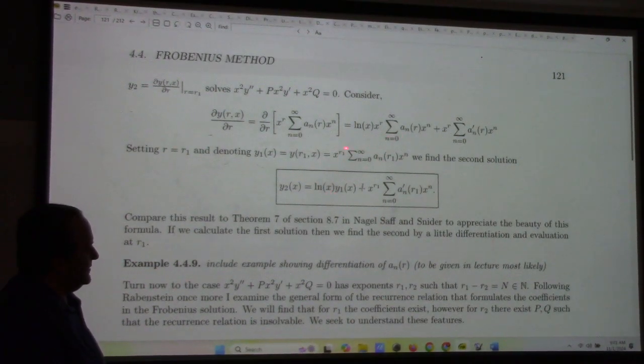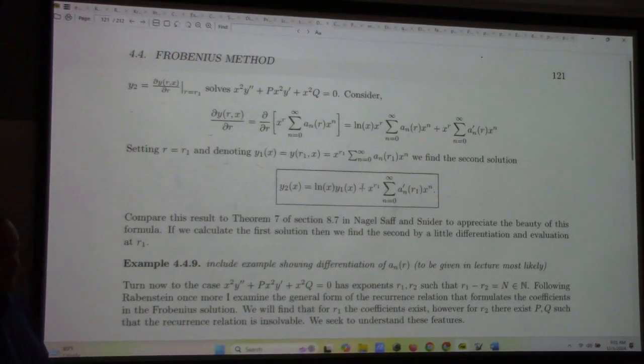When you do that, you get a log, but you also get another infinite series, formed by the derivative of your coefficients with respect to r1. To actually do this calculation, you'd have to solve the recurrence relation, keeping the r dependence manifest.